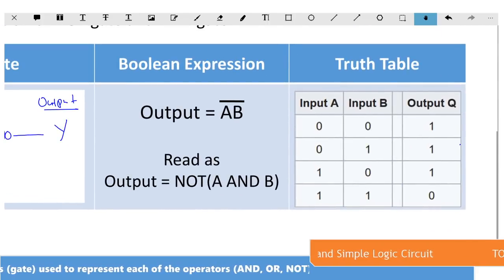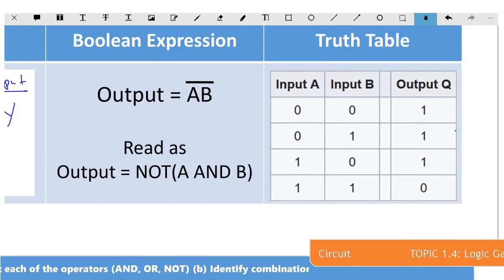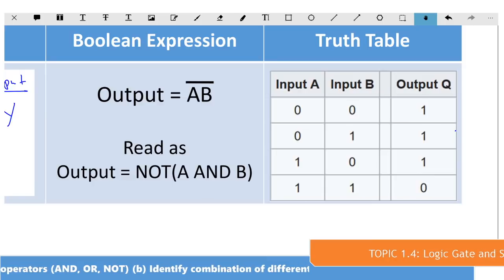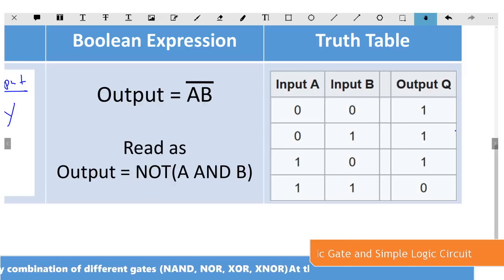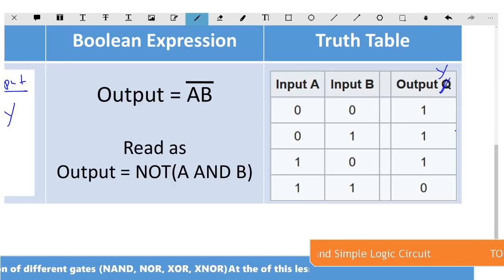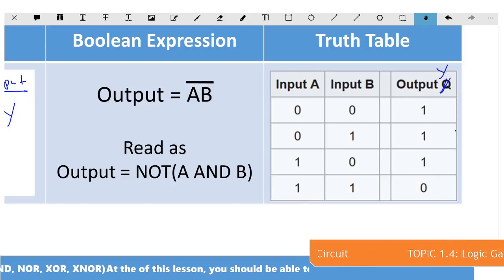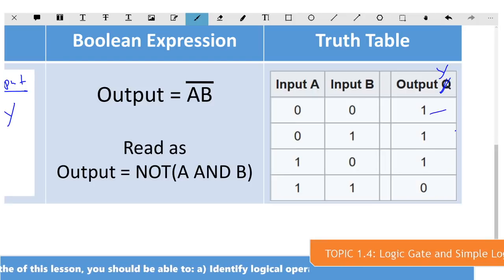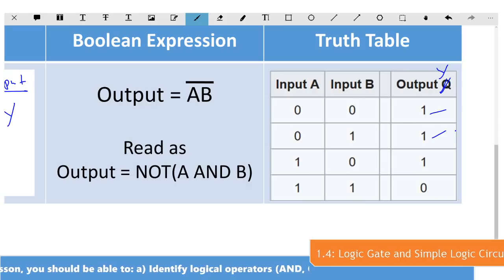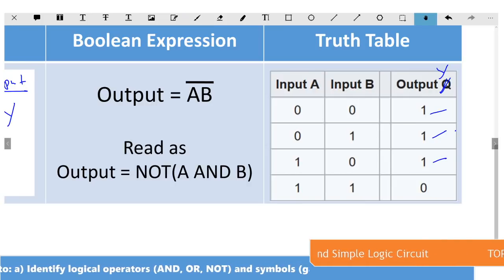From the truth table, it shows the gate will produce true output when any of the inputs are false.